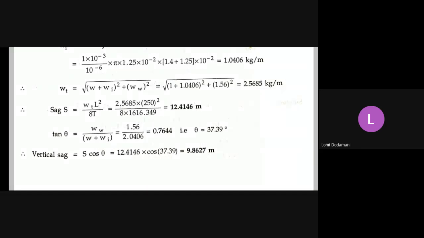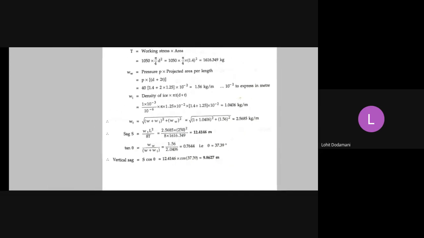So this is the problem. I'm not telling you to mug it up or anything like that. Just remember the procedure, because it is needed for your exam. Obviously the values will change, but these kinds of problems are very, very common.